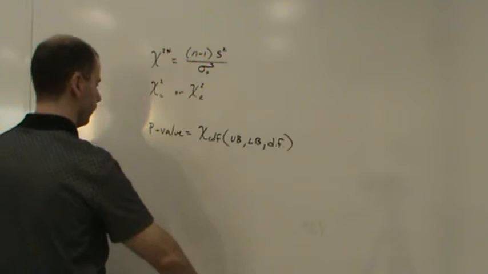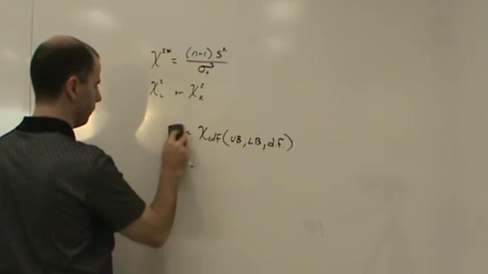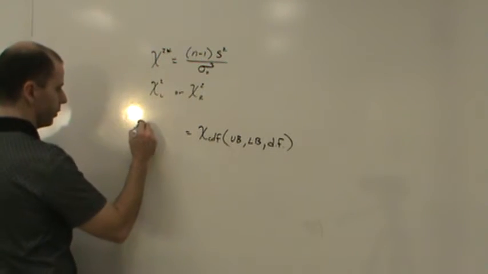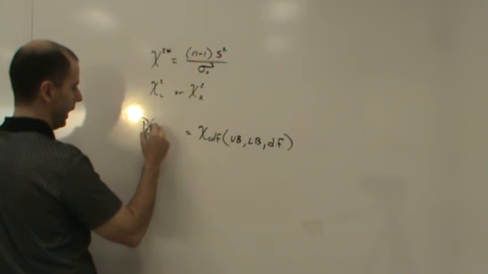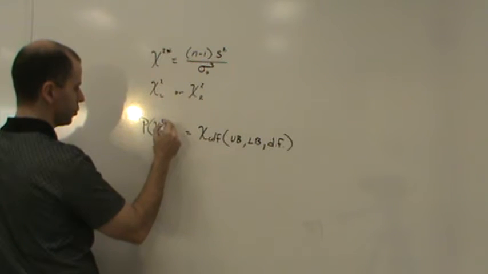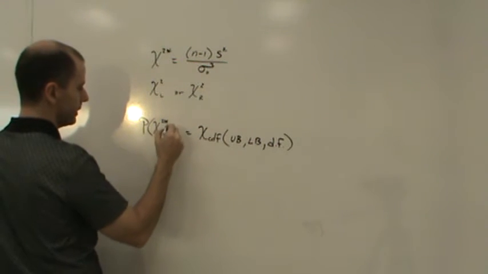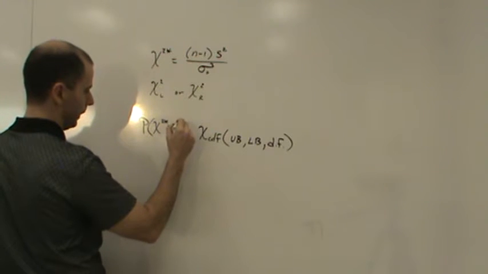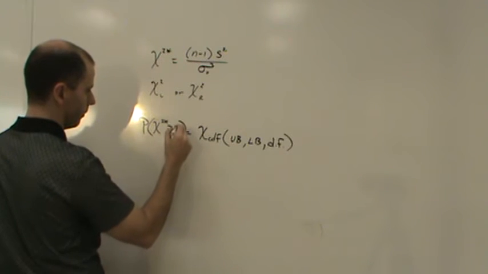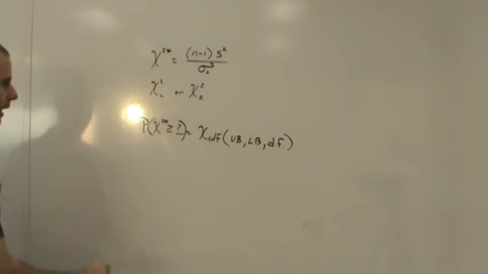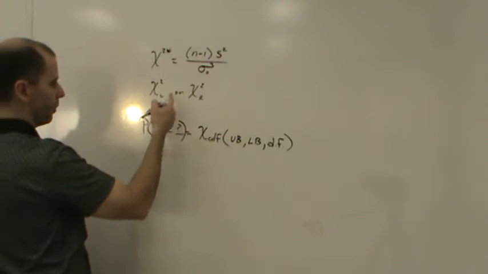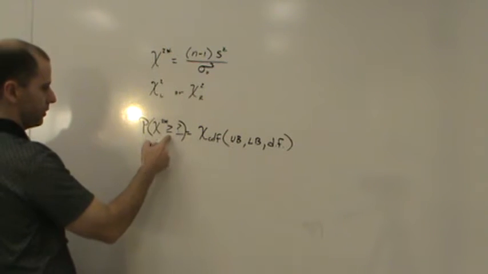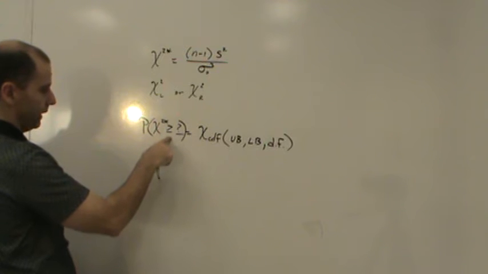p-value. Now be careful, again, actually what this gives you is the probability, right? So it's the probability of being as extreme or more extreme than your test statistic, right? And then depending on if it's a left tail or right tail test, determines what direction your inequality faces, right?